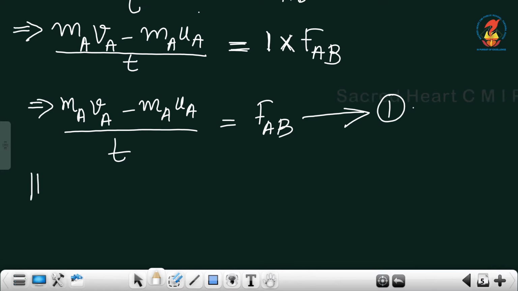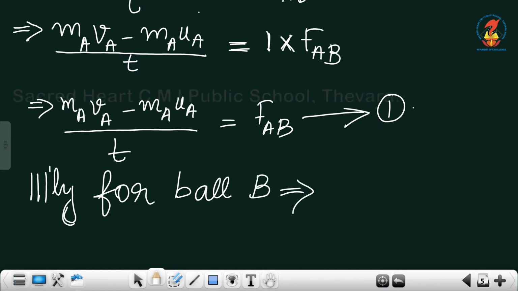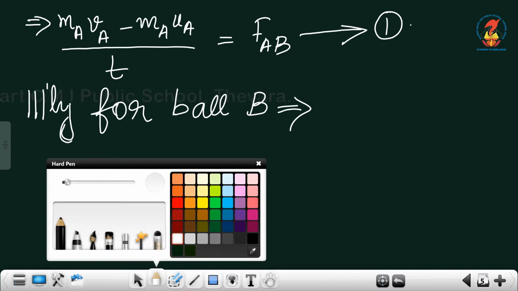Now similarly, can you write for ball B? Similarly for ball B, can you formulate a similar equation for ball B?